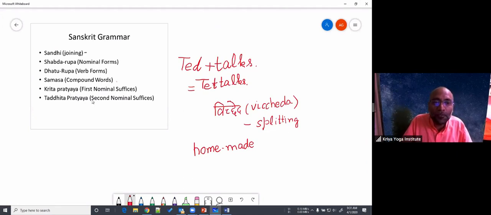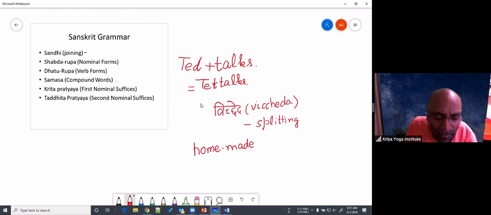Then Krut Pratyaya and Tadhita Pratyaya. So Krut Pratyaya is called first nominal suffixes. What it means is, as I told you yesterday, all the words in Sanskrit come from root words, and there are only a finite number of root words.